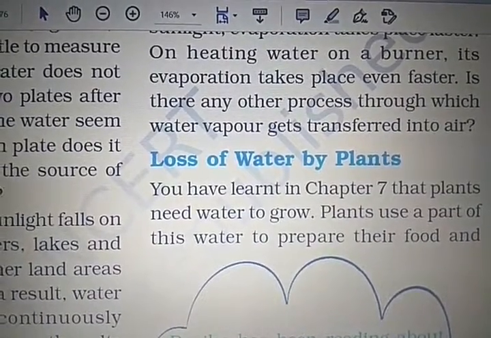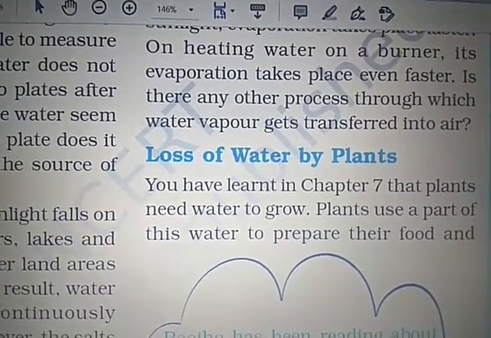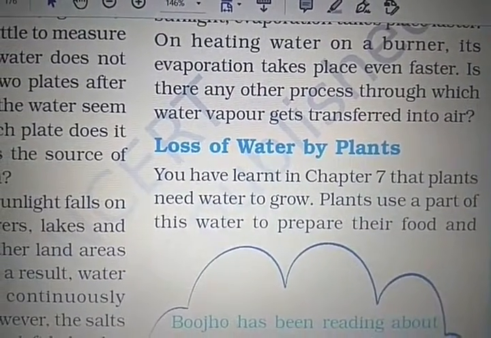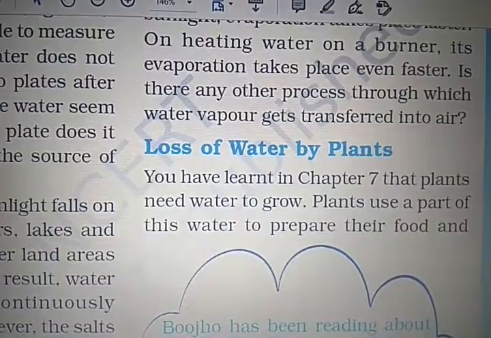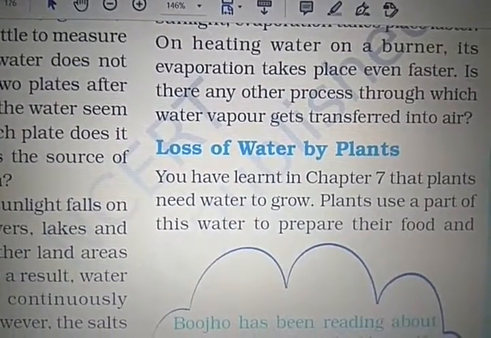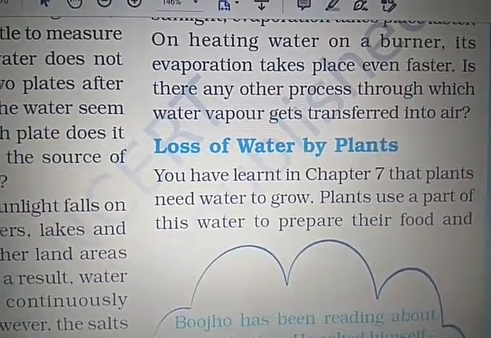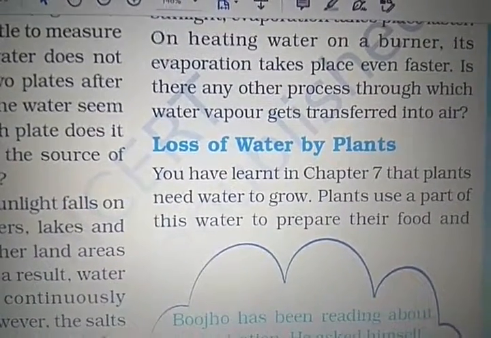Why? Because the other plate is under the shadow, so the rate of evaporation from that plate is low, though evaporation still happens.